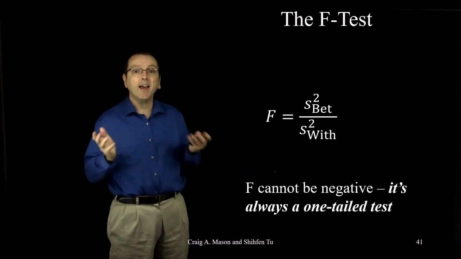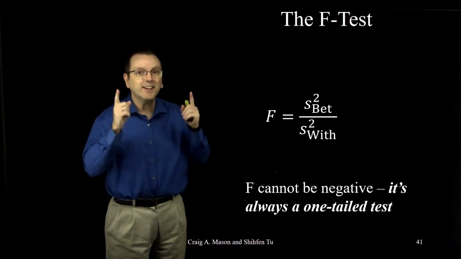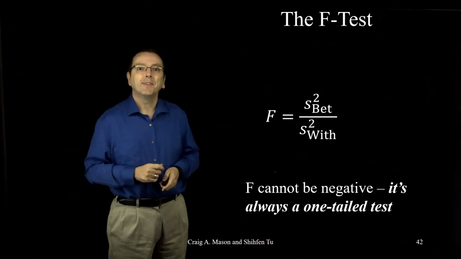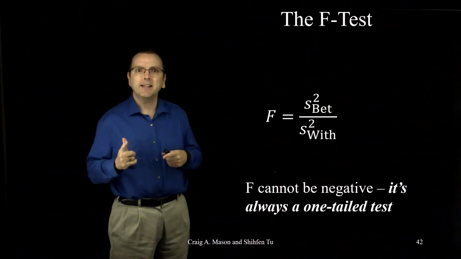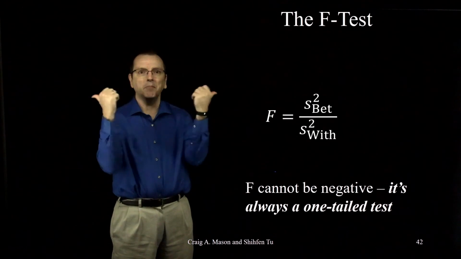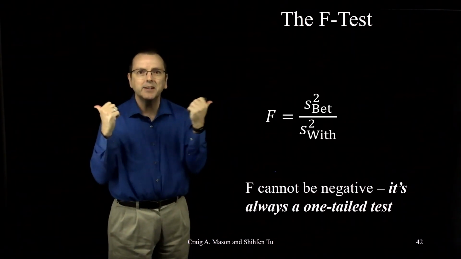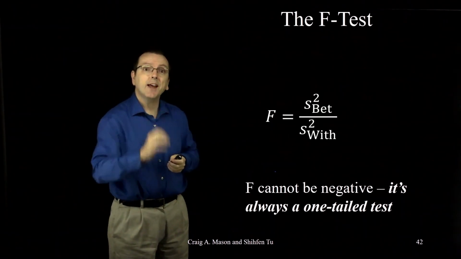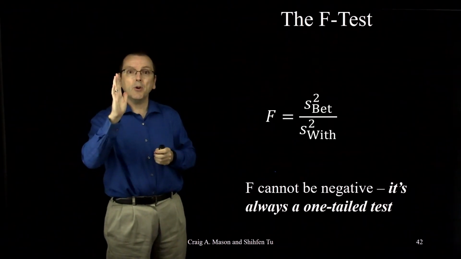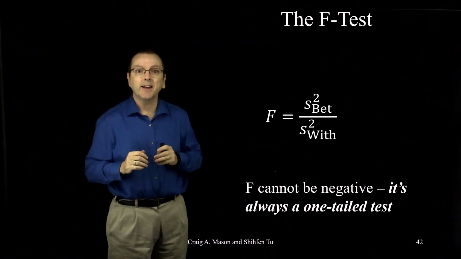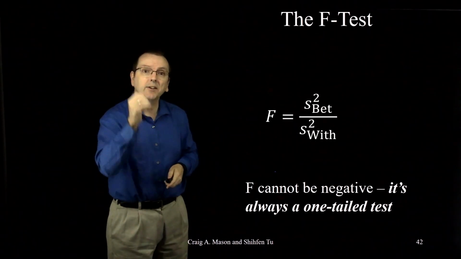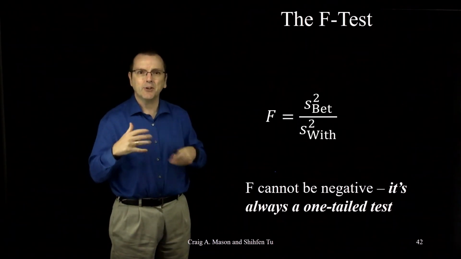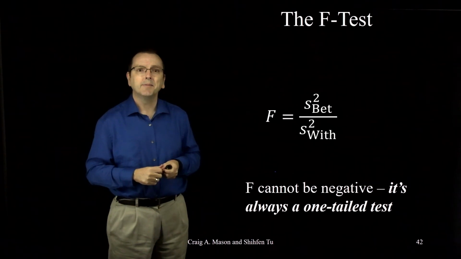It can't be negative. If you ever calculate a negative F, you know you've made a mistake somewhere. So, unlike the z or t tests that range from negative infinity to positive infinity and can be two-tailed, the F-test only ranges from 0 up to positive infinity and is always a one-tailed test. So that simplifies things a bit when you're doing a one-way ANOVA by hand.